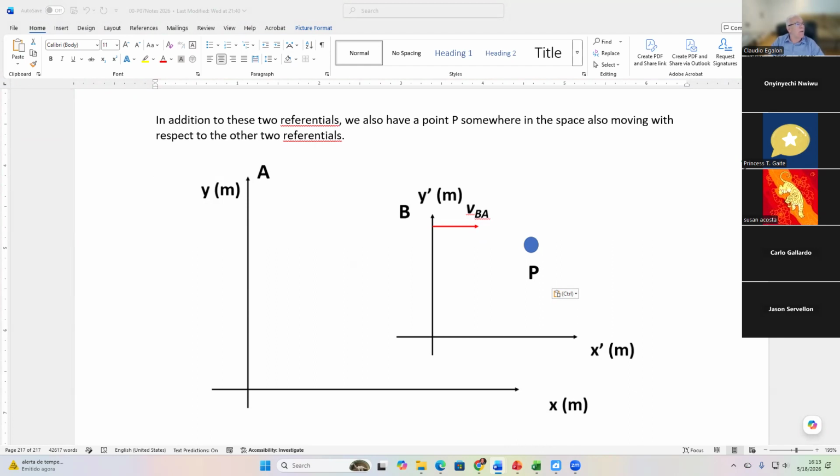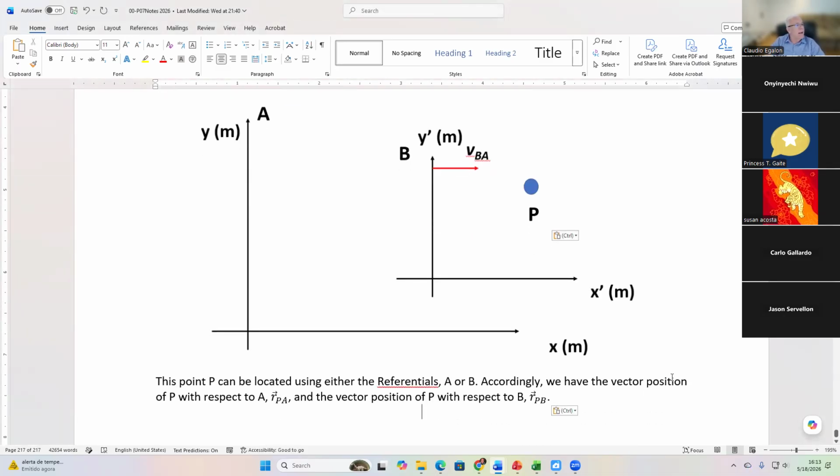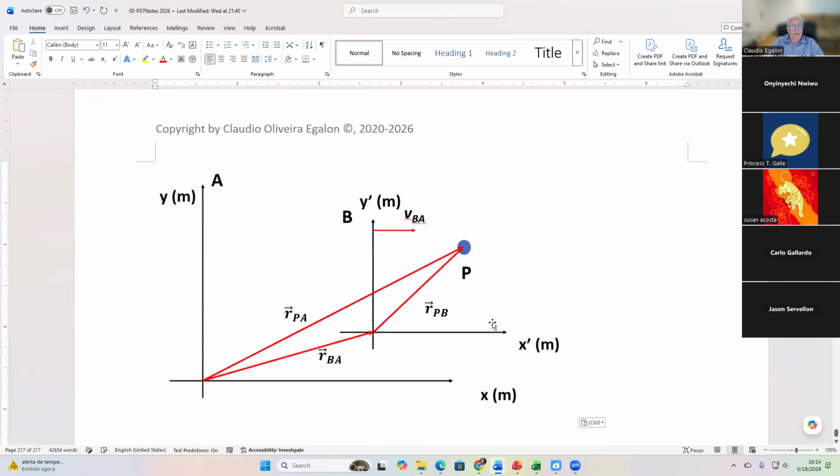This point can be located either with respect to referential A or B. Accordingly, we have the vector position of P with respect to A, which is R of P with respect to A, R_PA. And I'm going to illustrate that as well. I'm just refreshing what you saw in relative motion in Physics 6. So here we go.